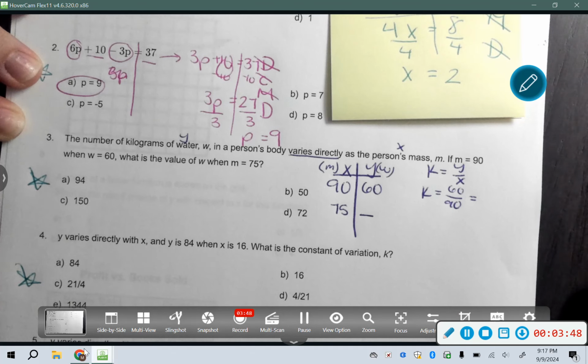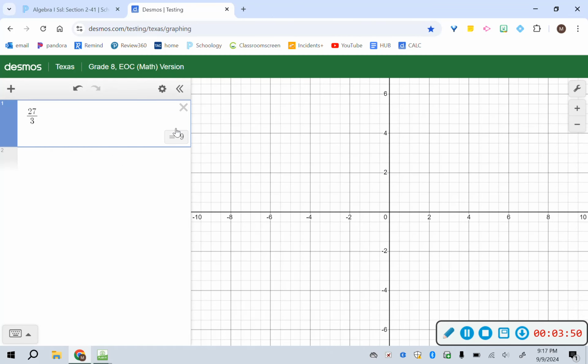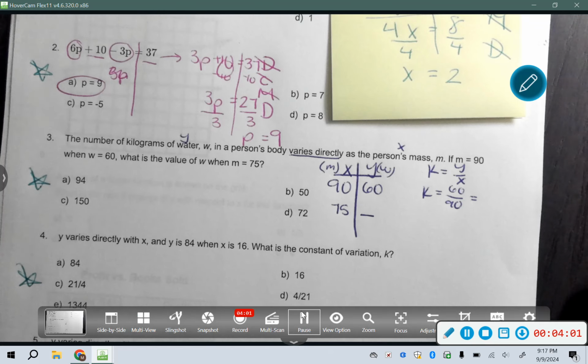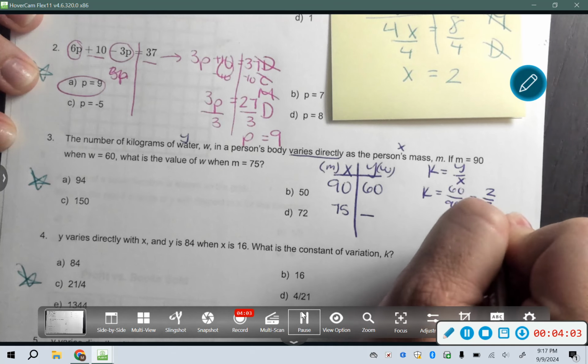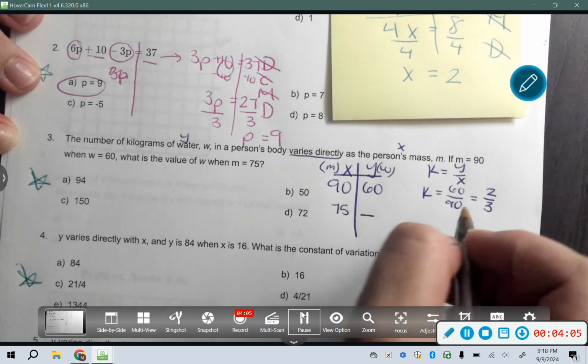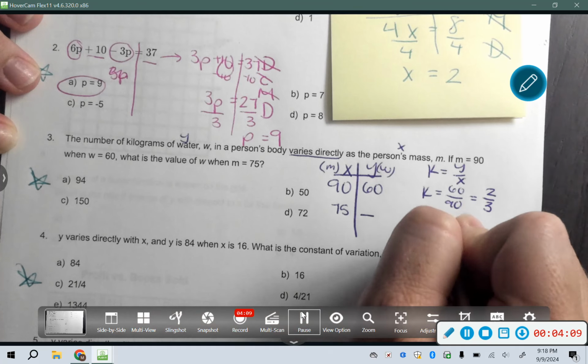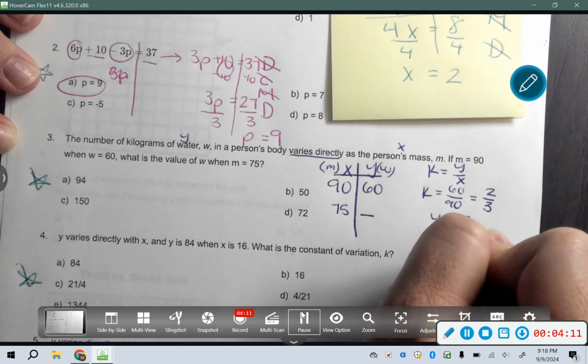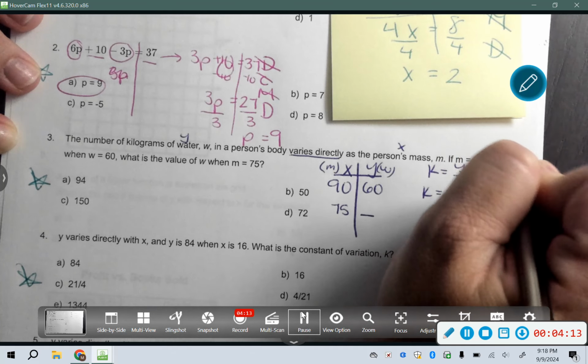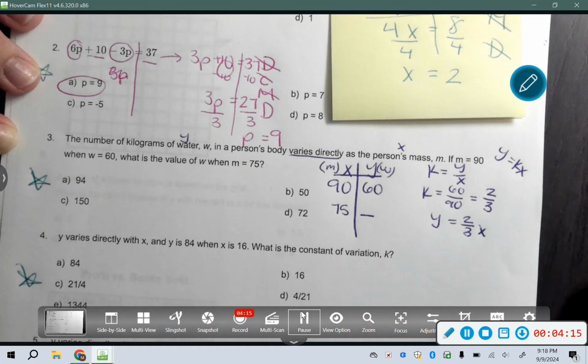When I type that in my calculator, I get this ugly decimal. So we're going to turn it into a fraction. And I know that K equals 2/3. So once I find K, I need to find my equation. So Y equals 2/3 X, because remember, Y equals KX.